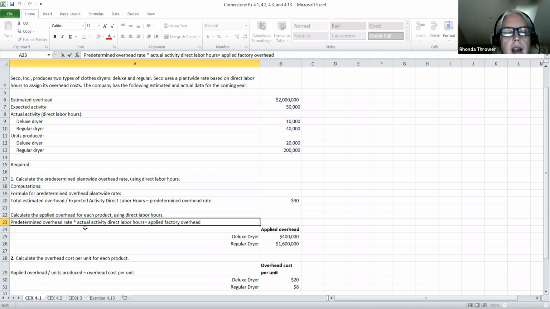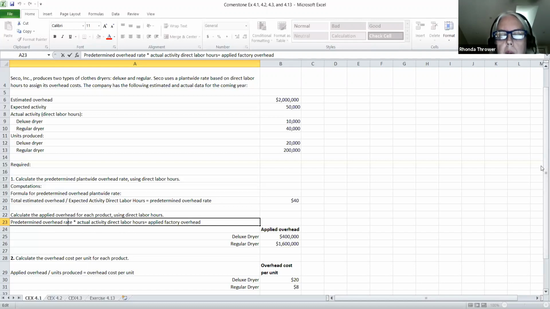Notice I'm emphasizing we're going to take the estimated rate and multiply it by the actual activity, direct labor hours, to get our applied factory overhead.